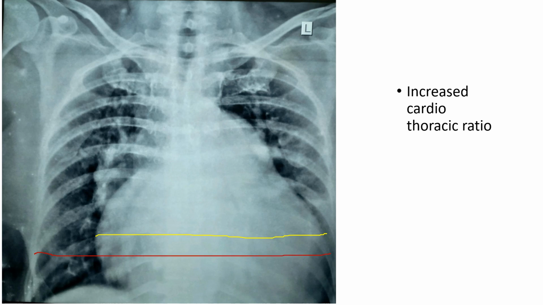Sorry, the lines are not straight. As you measure both of these, the cardiac diameter should be less than half of the thoracic diameter. Whenever the cardiac diameter is greater than half of the thoracic diameter, it indicates there is a cardiomegaly.